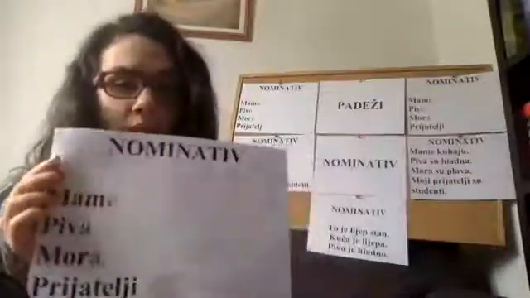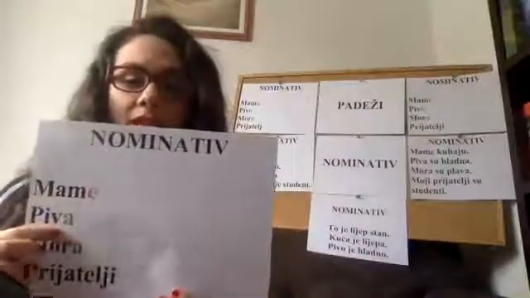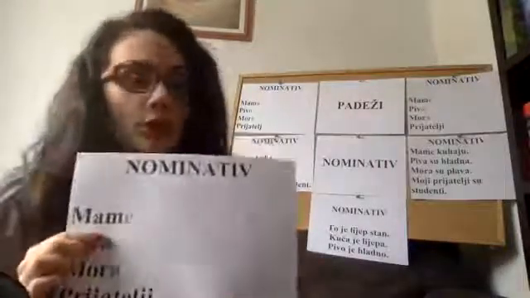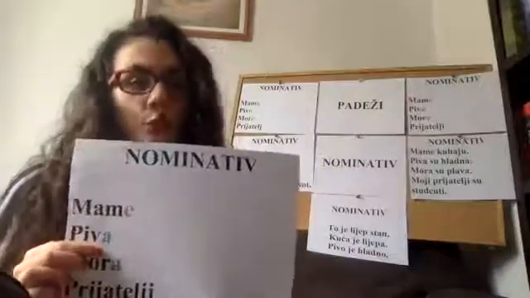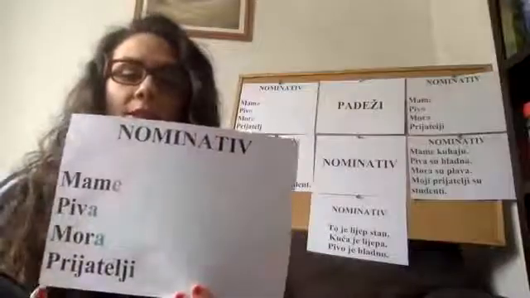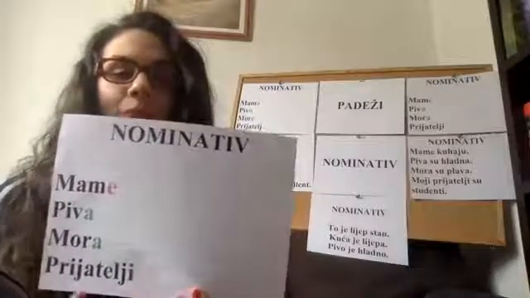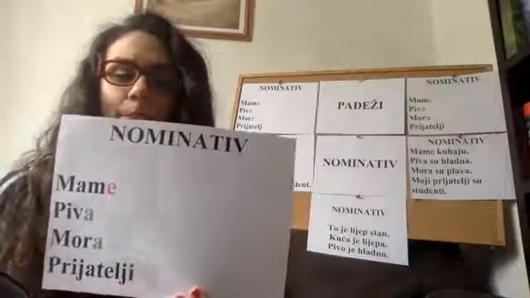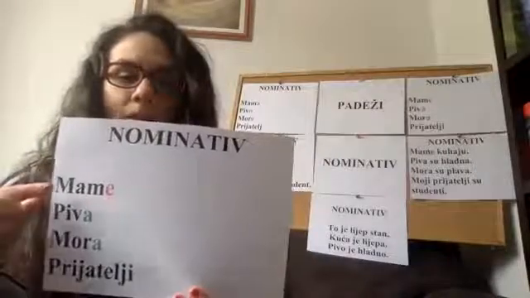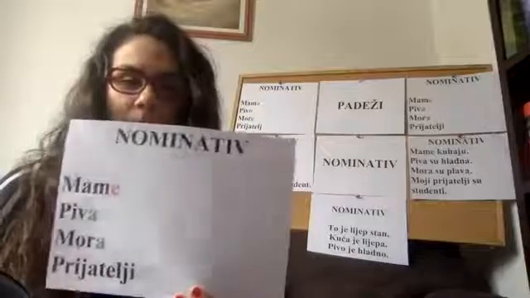There are some exceptions to gender rules in general, but the basic rule is that piva, mora is the plural form of the neutral words pivo, more. The last one is prijatelji, friends, so plural masculine, I, prijatelji. So: mame, piva, mora, prijatelji.